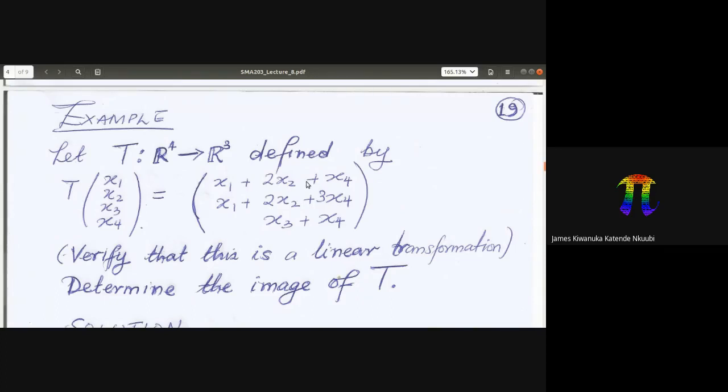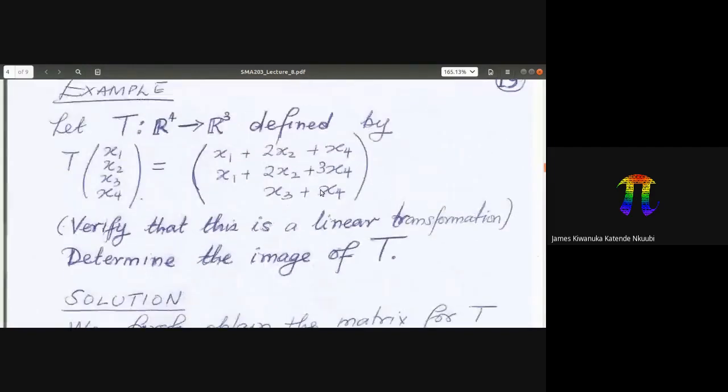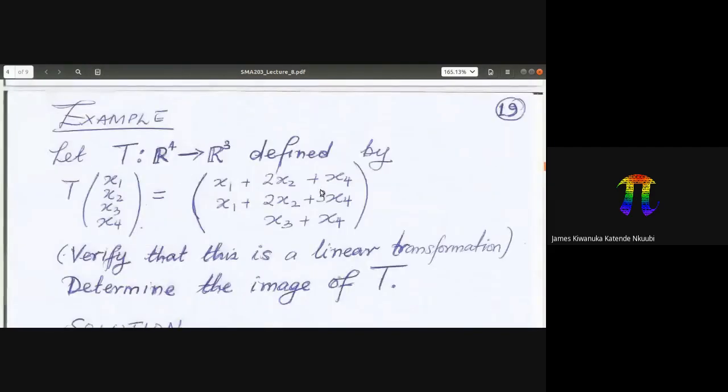So can you try to solve this? This is not the one we have solved, is it? No. Can you solve this one? Find the image. So you remember the procedure.